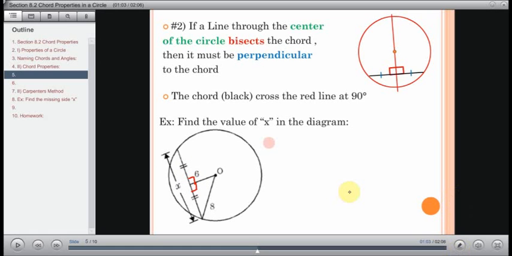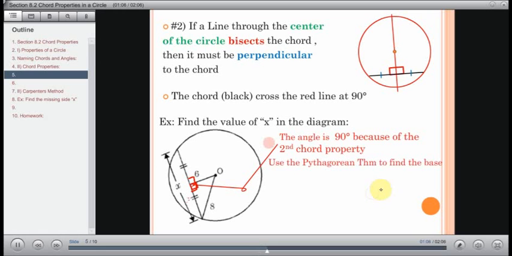So we're going to have to use Pythagoras. It's 90 degrees because of this property. A line going through a chord means it's 90 degrees. Use Pythagoras using a 6 and 8. 8 is the C side, and you do all that, you have to subtract, you end up getting square root of 28, which is 5.29.